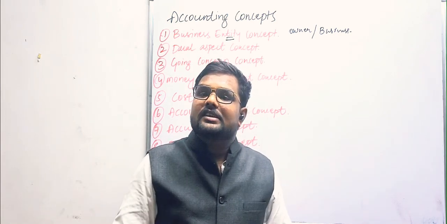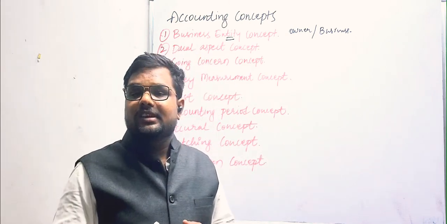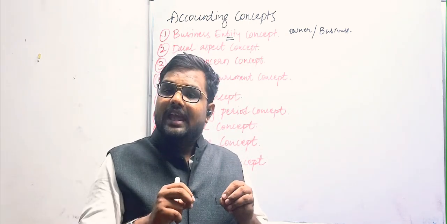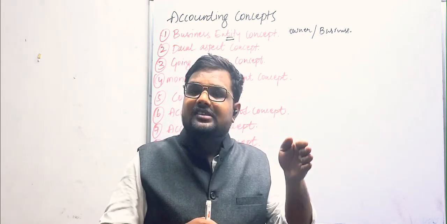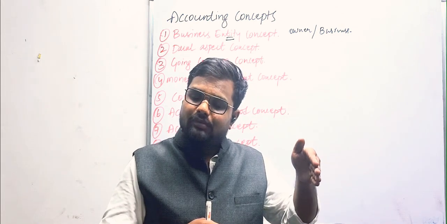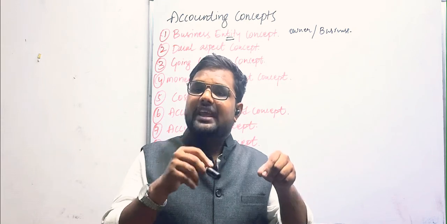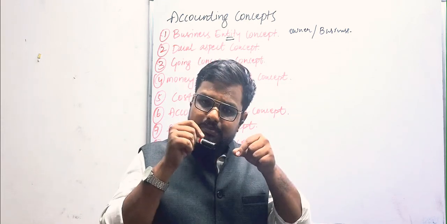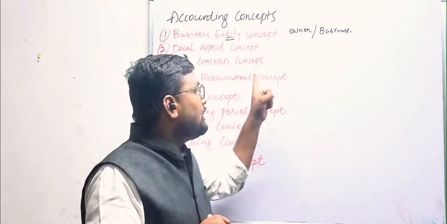What happens with this? If we are following this business entity concept, we can segregate the private money transactions of the owner and the business transactions. If the owner is paying his personal expenses from the business, that can be identified only if we are following this.